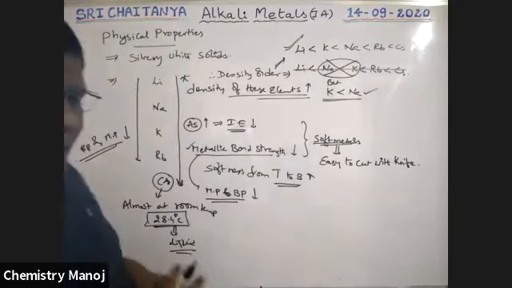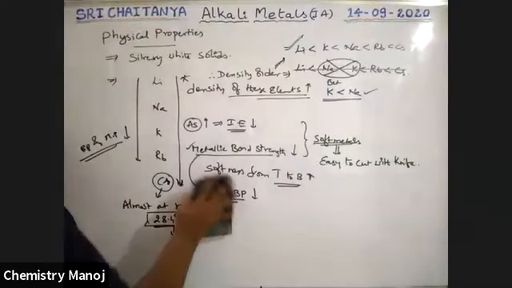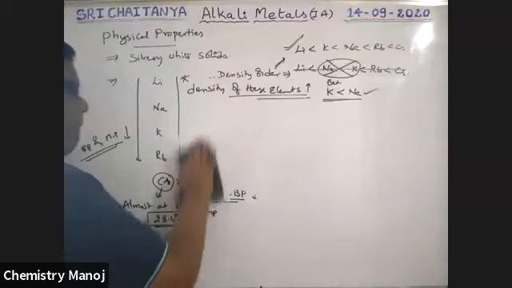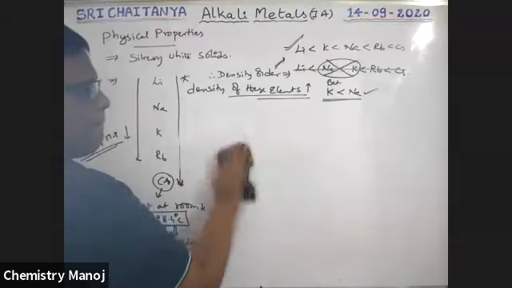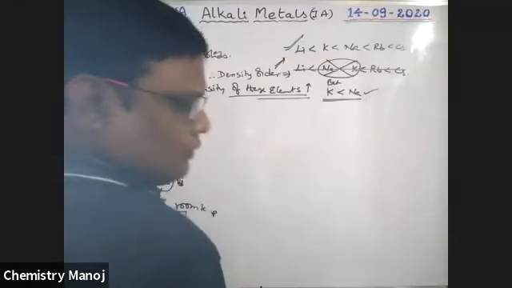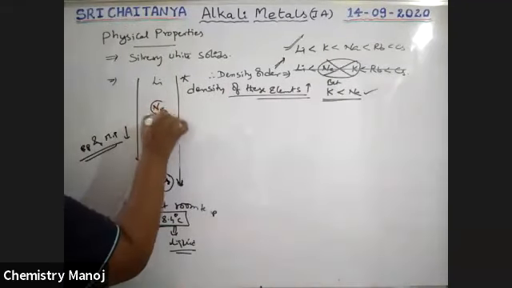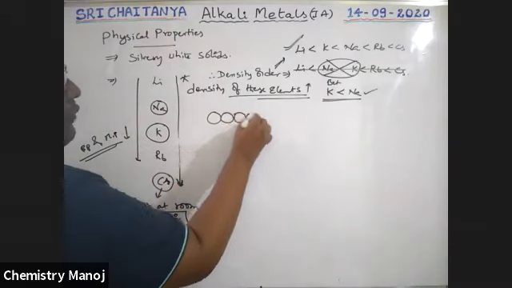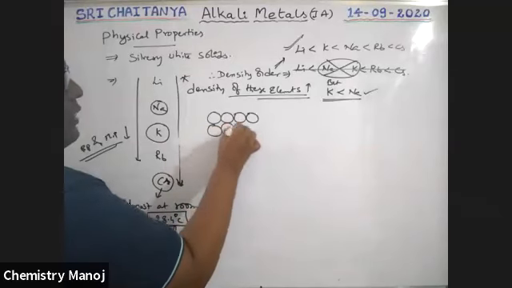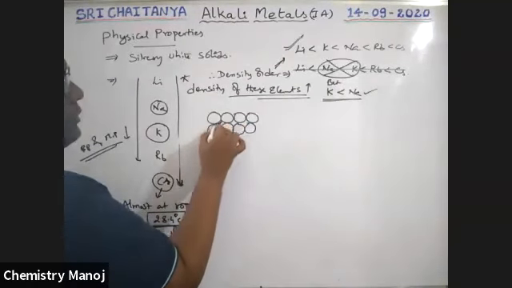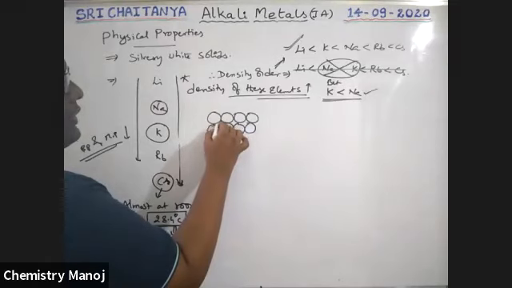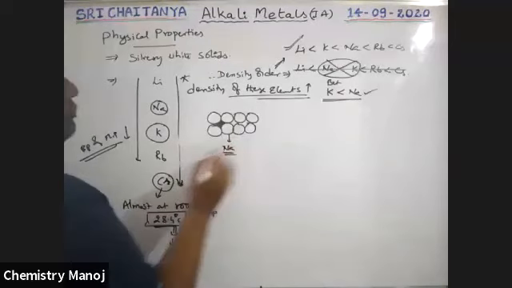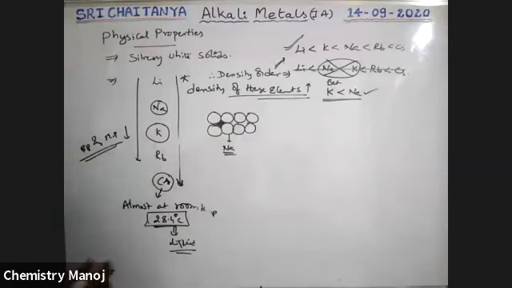See here, I'm explaining the reason for that. When compared to sodium, potassium is bigger in size. These are sodium atoms, boys. When sodium atoms are arranged side by side, the gap between metal atom and metal atom is called interstitial space. But potassium is big in size.